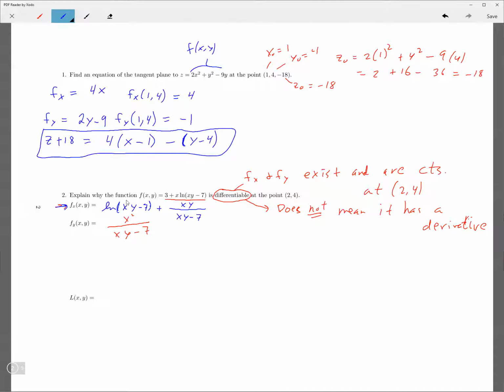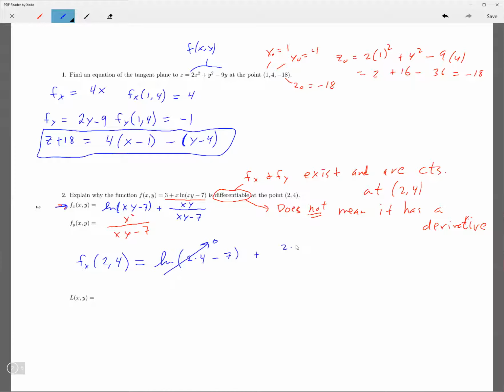And then they also want us to calculate fx of 2, 4. Because it's 2, 4, that means you're going to put a 2 in for x and a 4 in for y. So that's going to be ln of 2 times 4 minus 7. That's ln of 1, which is 0.